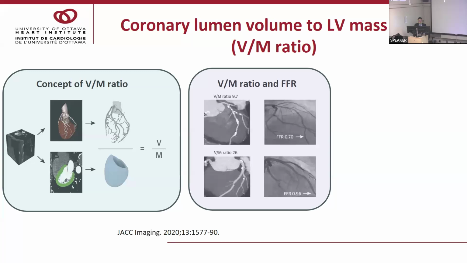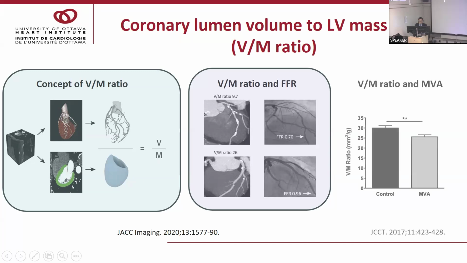It has been shown that there is a correlation between invasive FFR and VM ratio, as shown in the right panel. Additionally, the Vancouver group has shown that patients with microvascular angina have a significantly lower VM ratio. Therefore, VM ratio is a potential marker for CMD.